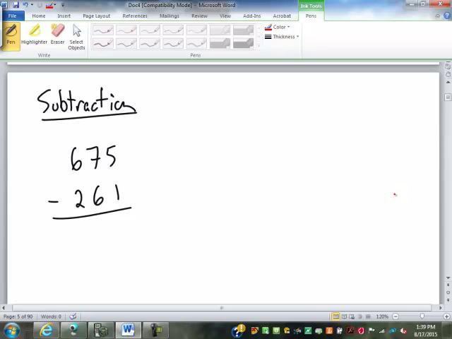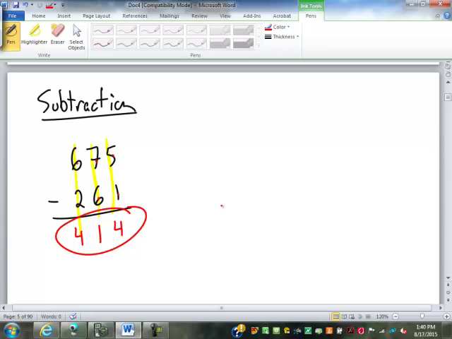I think you guys get the point now that you have to line up the columns. Addition and subtraction can only combine things that have the same names. So we've got our columns lined up here, 1s and 10s and 100s. We're ready to go. So we're just going to subtract down each column. 6 minus 2 is 4, 7 minus 6 is 1, 5 minus 1 is 4. So we're at 414.